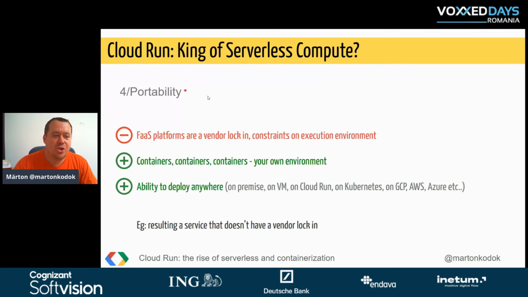Portability. So with the function as a service platforms, you have vendor lock-in. You need to build either the Amazon way, the Google way, the IBM way, or the Microsoft way, whatever you can build in the vendor lock-in environment. But with Cloud Run, with containers, you can run your own environment.